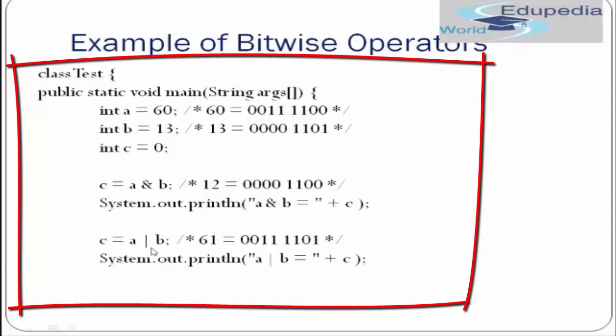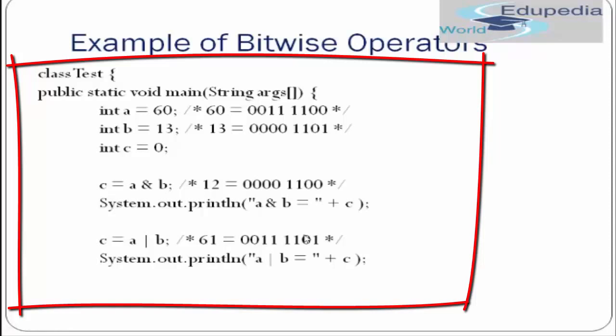Then we are doing OR. In case of OR, we'll get 1 if and only if any one of the bits is 1. So when we are doing 0 or 1, we get the output as 1. If we are doing 0 or 0, we get the output as 0. When we are doing 1 or 1, we get the output as 1, because any one of them has to be 1.